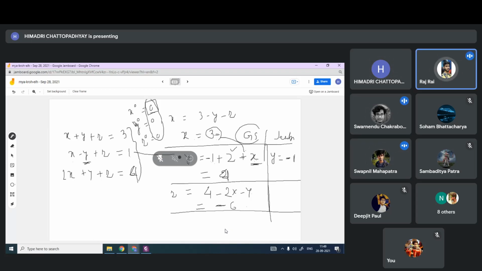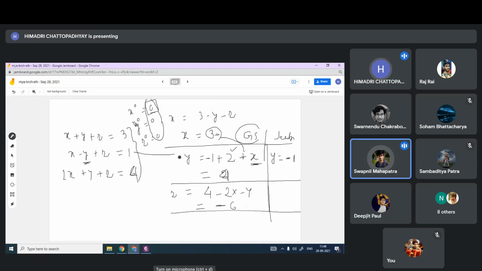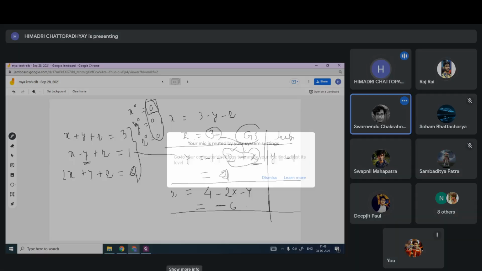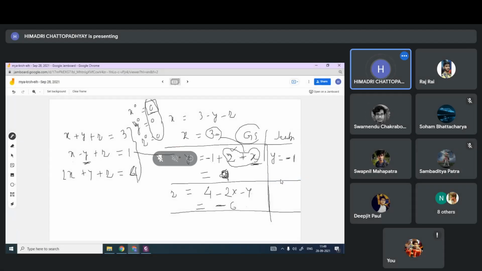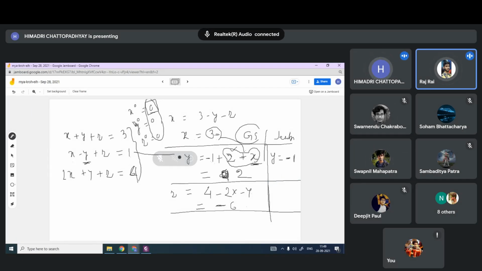Y goes to the other side, so minus x plus z. 1 plus 3, that is 2, sir. The z initial value is also 0, so yes, 2.